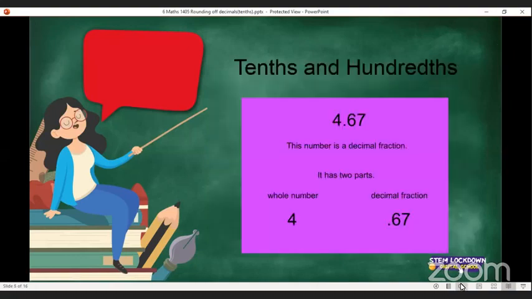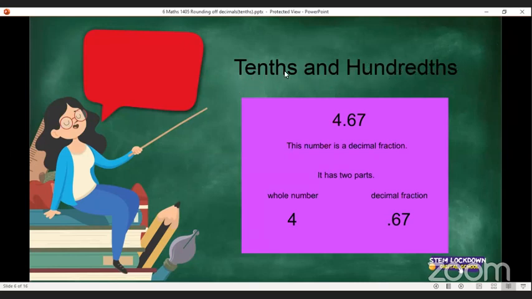All right, so here we have the tenths and hundredths. The minute you notice the tenths and the hundredths, you must also notice the wording. If you are given, say, a word sum, you must be able to know that once they use these terms, it is the numbers after the decimal point.